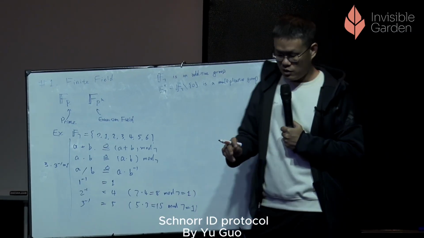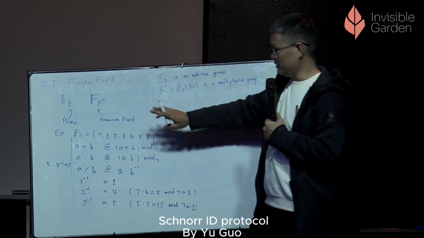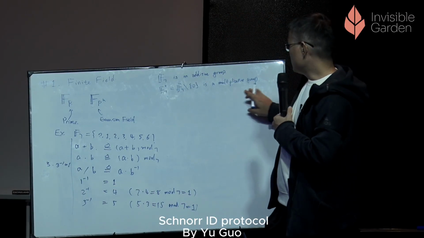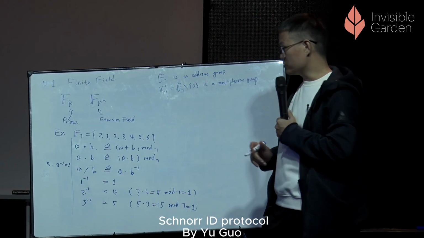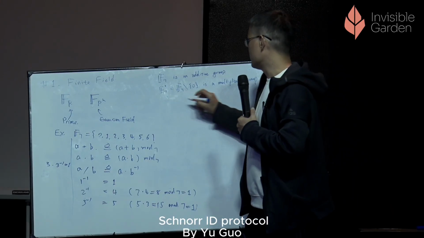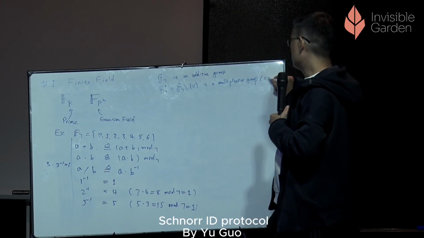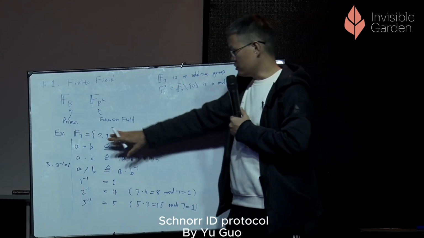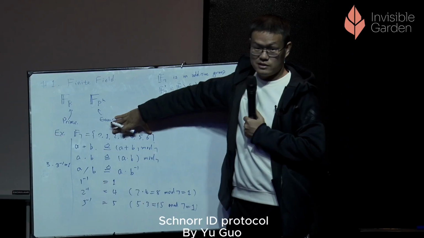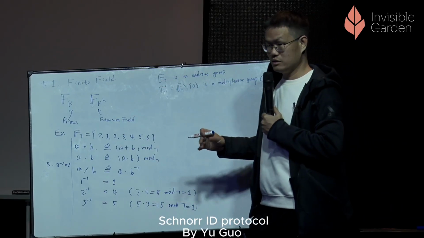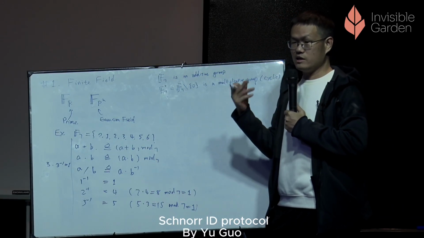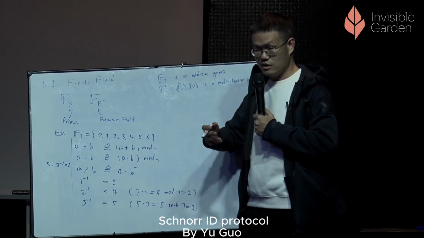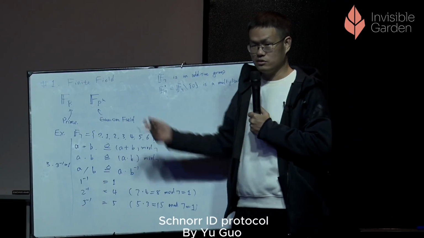Another very good property of F7 or any prime field is that its multiplicative group is a cyclic group. That means among those elements, there's some special element which can be used as a generator, meaning we can use that one number to generate all other elements except 0.